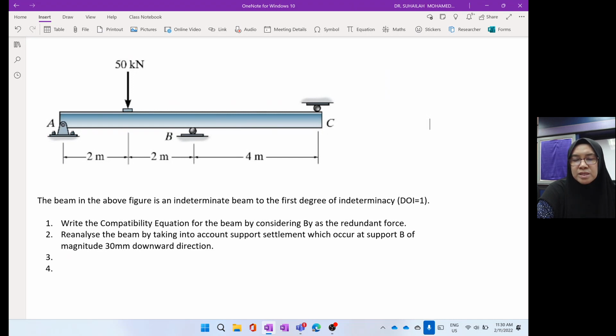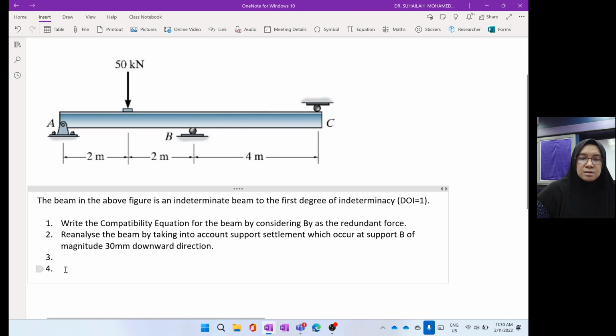Okay, and question number 2. You are asked to reanalyze the beam, but this time taking into account support settlement which occur at support B, of magnitude 30 mm, means that delta B is 30.